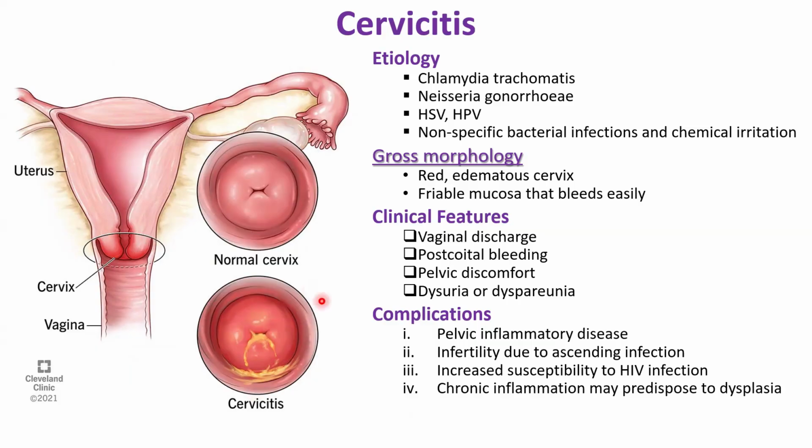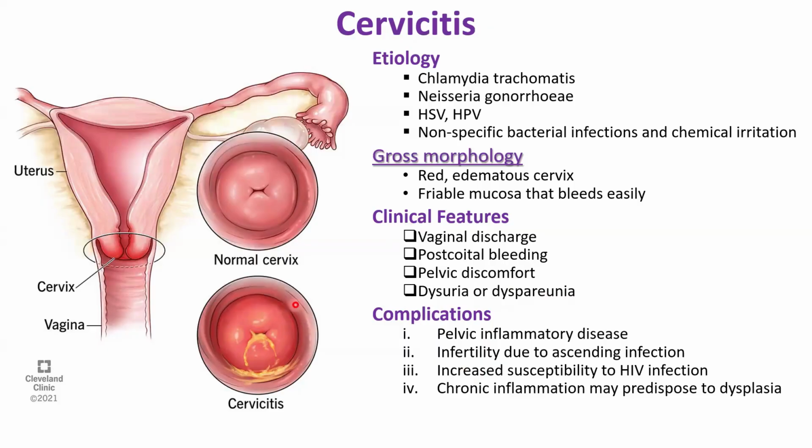So a person with cervicitis will have vaginal discharges, postcoital bleeding after sexual intercourse, pelvic discomfort, and pain when urinating or having sex. So this pain while passing urine is dysuria, and pain while having sex is dyspareunia.